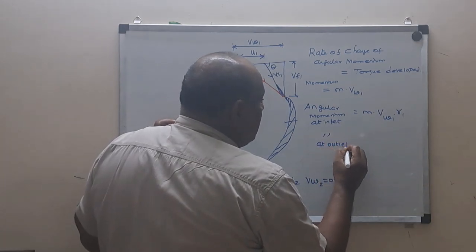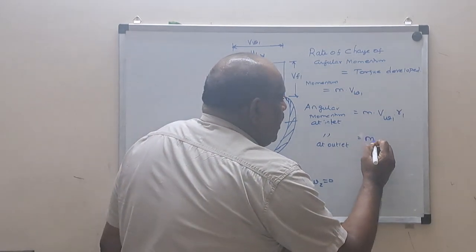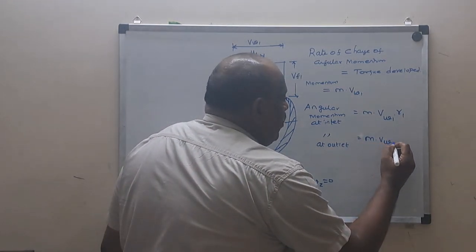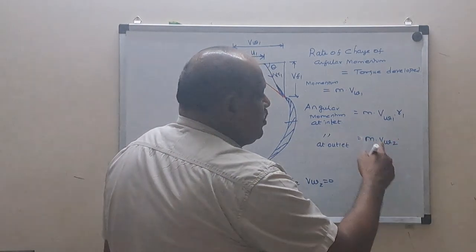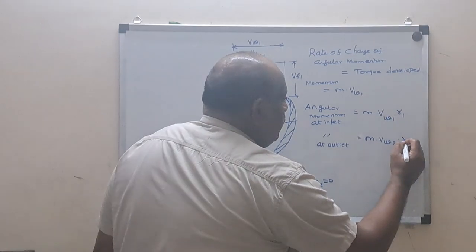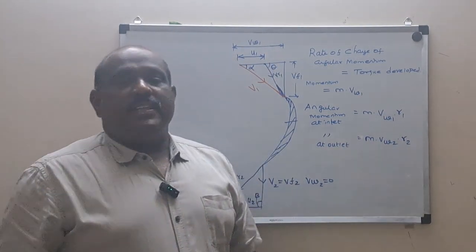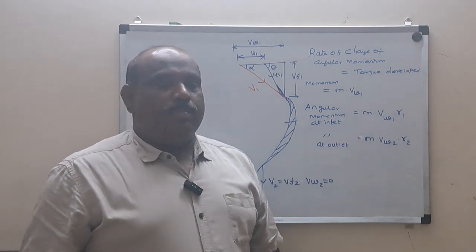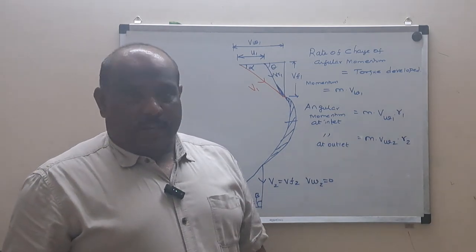Yes, you are right. The linear momentum is m Vw2, and when I multiply with the corresponding radius R2, it becomes the angular momentum. So I have the angular momentum at inlet, and here I have the angular momentum at outlet.